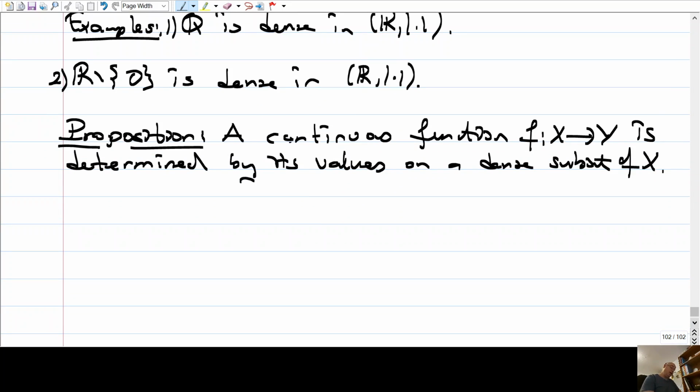A continuous function is determined by its values on a dense subset of the domain metric space.